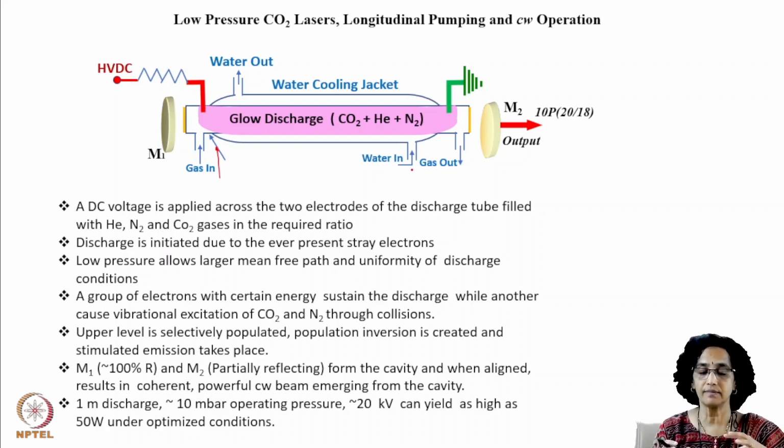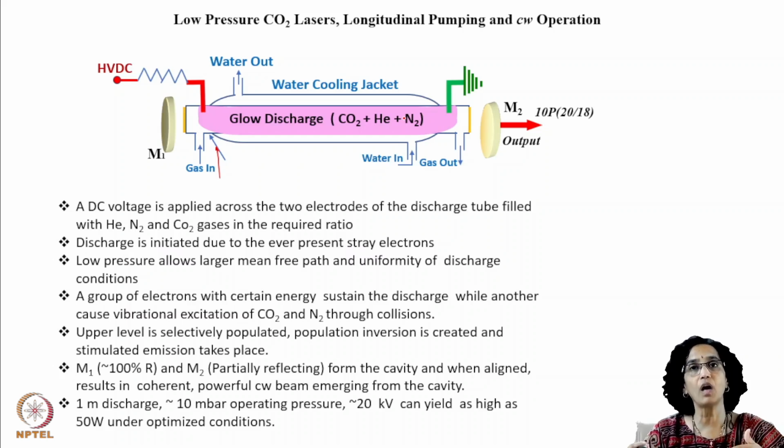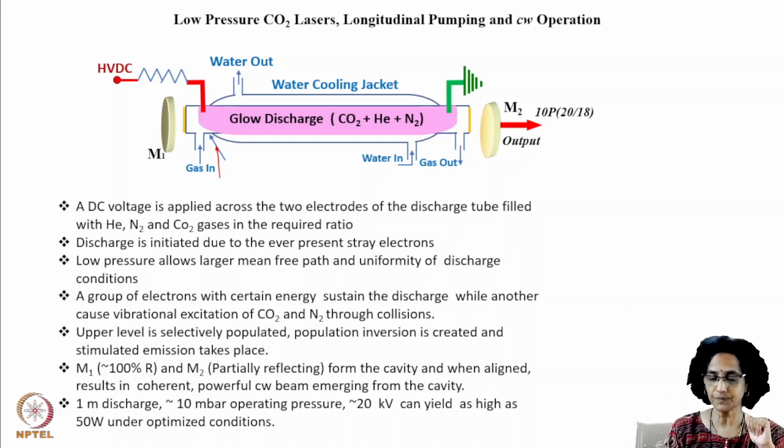The flow rate is decided from what we see, from the optimized output. We see when the discharge products are not too high to give rise to a good output. So until then, you allow it to flow and then you get it out. So that fresh gas comes into the discharge zone, and therefore your output is not compromised.